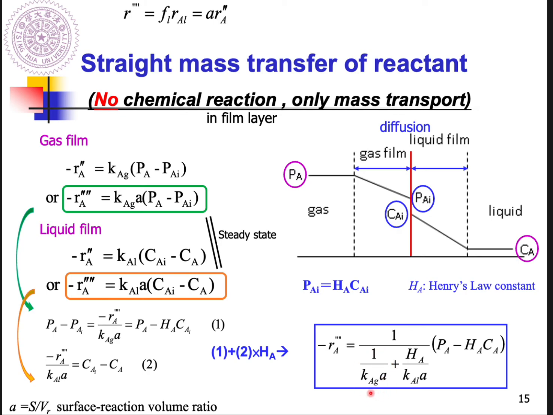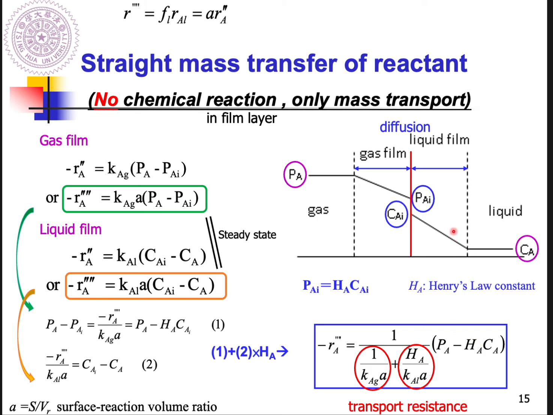This is the transport resistance in gas feed, and this term is the transport coefficient in liquid feed, and it expresses the reciprocal of kLa. Yes, it's the same, right? But you find, oh, here is HA. Why, Professor, why is there an HA here? Because the upper portion we express in the unit of pressure.